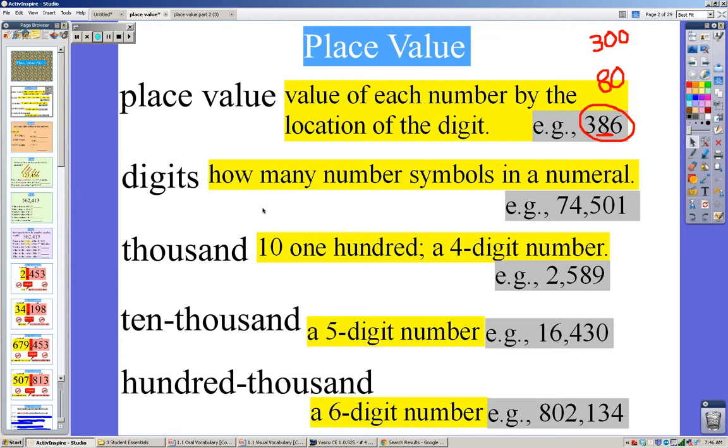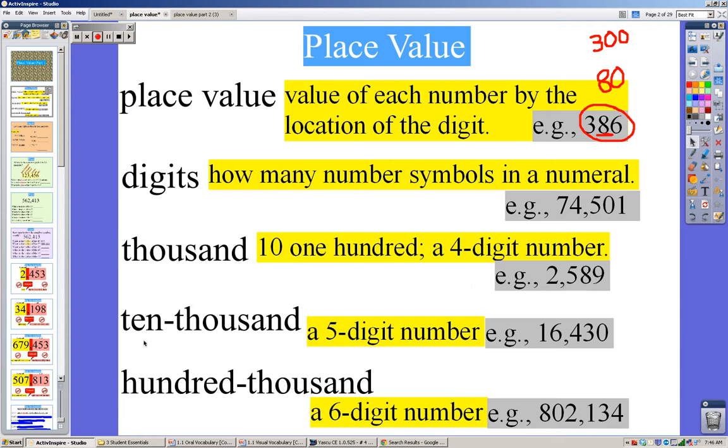For example, we can see that there are 5 digits in this number, and we say the number as 74,501. Right here we see 1,000. This is 2,589. It has 4 digits.